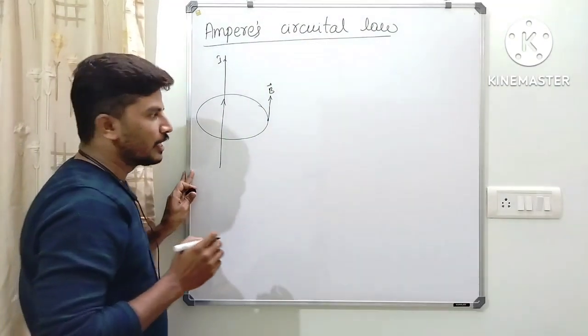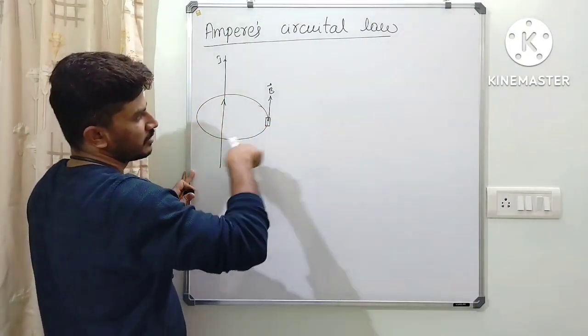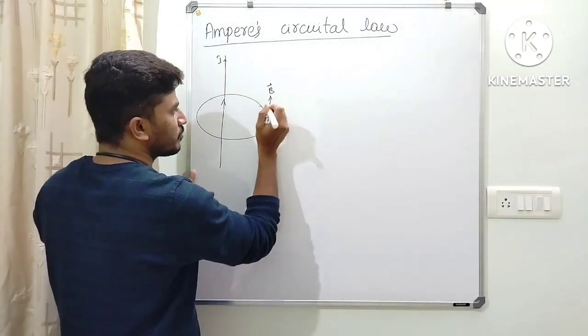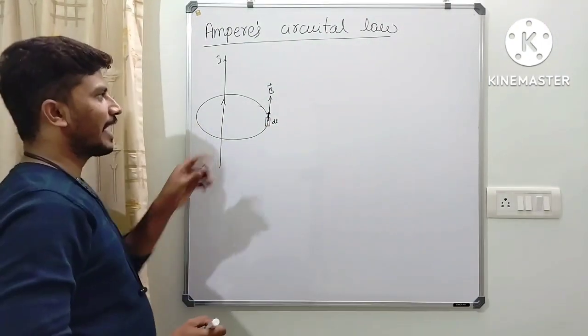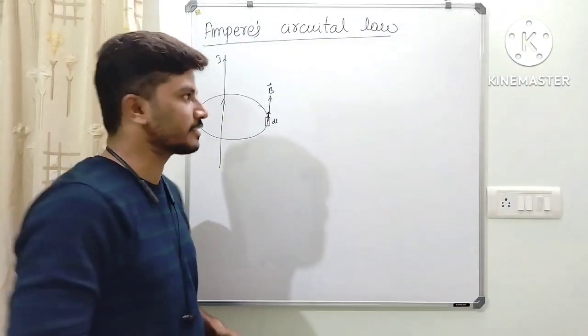And second thing, if I consider a small length element of this magnetic field line, dl, that is also in the direction of magnetic field, then the angle between B and dl is zero. So now the statement is like this.